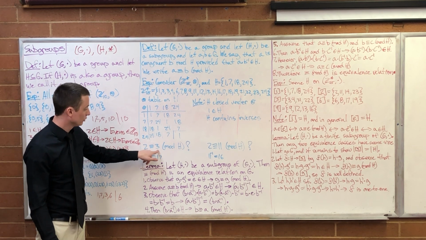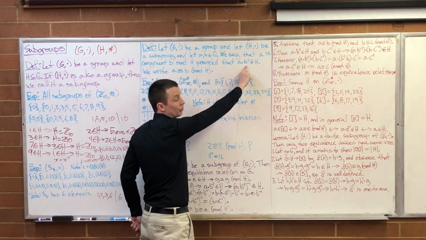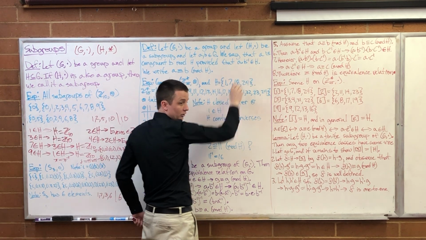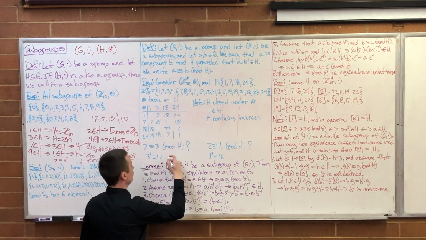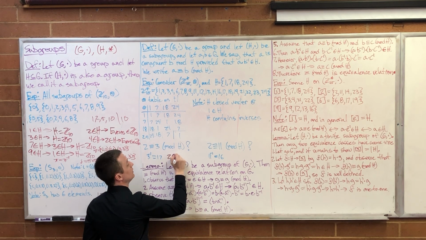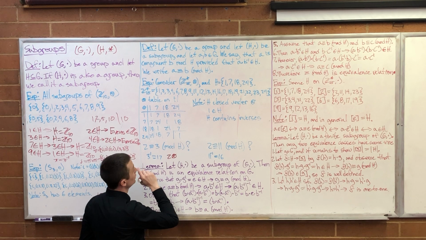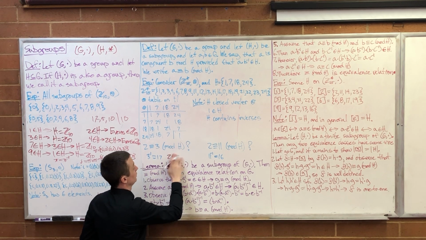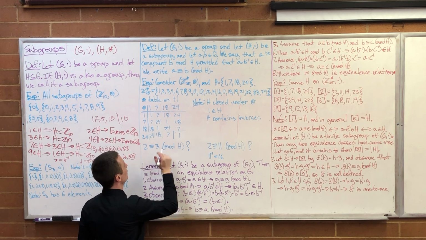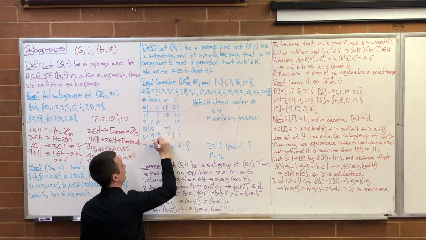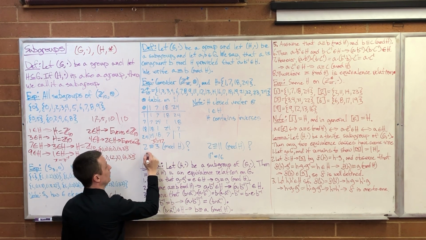Remember, 2 congruent to 3 mod H means that 2 times 3 inverse is in H. Are they talking about 2 and 3 in Z25 star? Yes. 3 inverse is equal to 17.